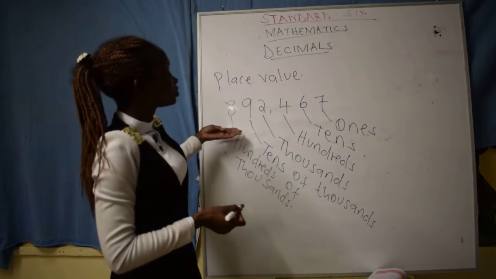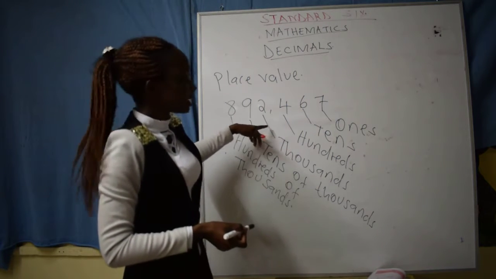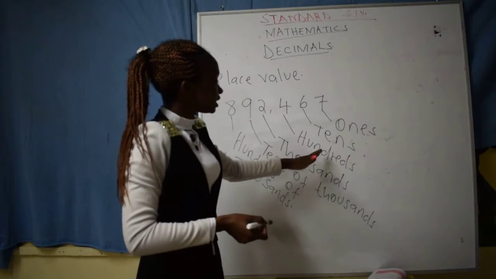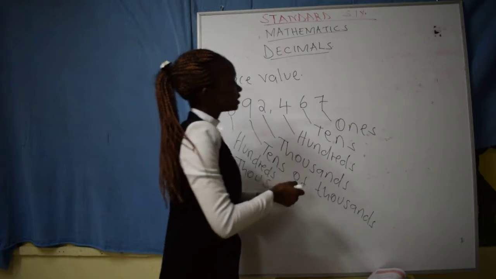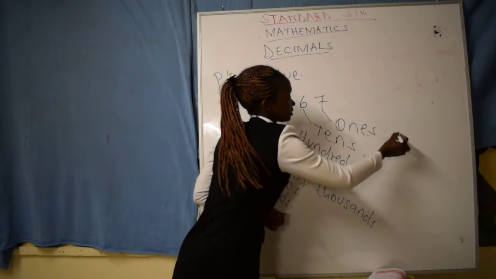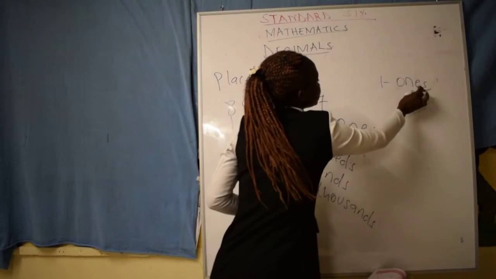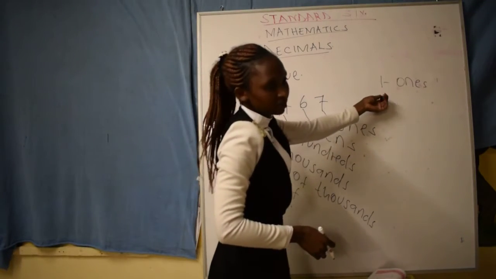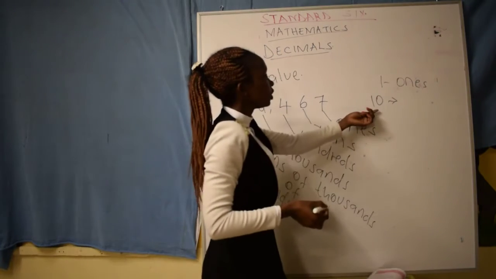Having gone back to the knowledge on the place value of our whole numbers, I wish that we could write how we write ones, tens, and the total digits that each has. So ones is written as 1. That is, when it's only a single digit, it's in ones place value. Then we have 10. It has 2 digits.